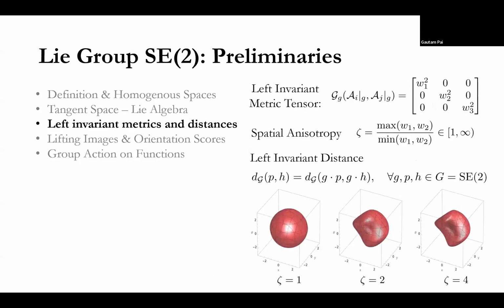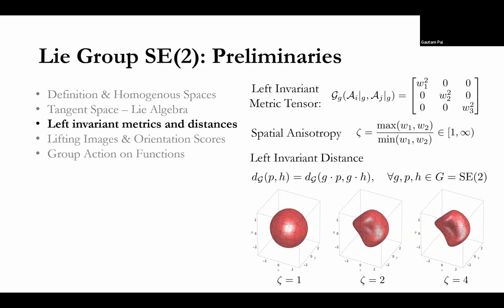Given a basis for the tangent space, you can define a metric. Since we have chosen a left invariant basis, you can define a left invariant metric tensor, which is a 3x3 matrix. For the purposes of this presentation, most of the metrics that I will be choosing are diagonal.